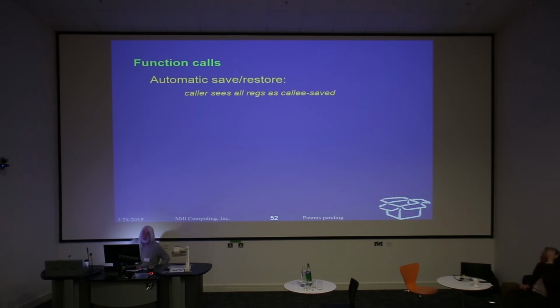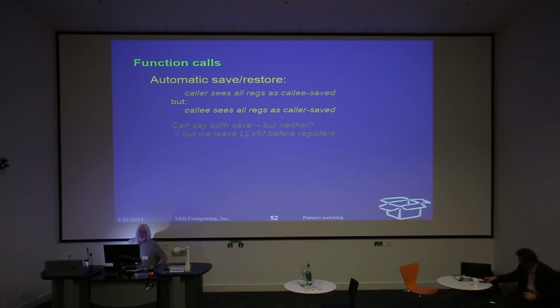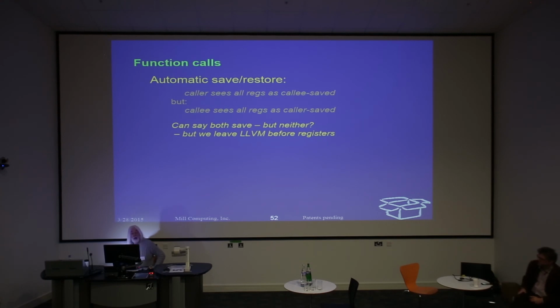With the automatic save and restore, the caller sees all registers as if they were callee saved, but the callee sees all registers as if they were caller saved. Fortunately, we leave LLVM before we have to address the problem of saying which things get saved and which things get restored. We thought this was going to be hard.